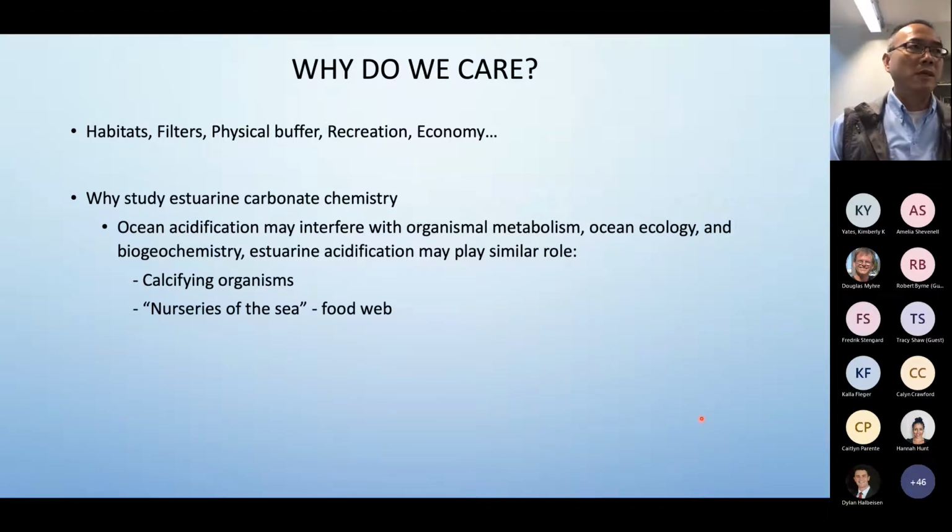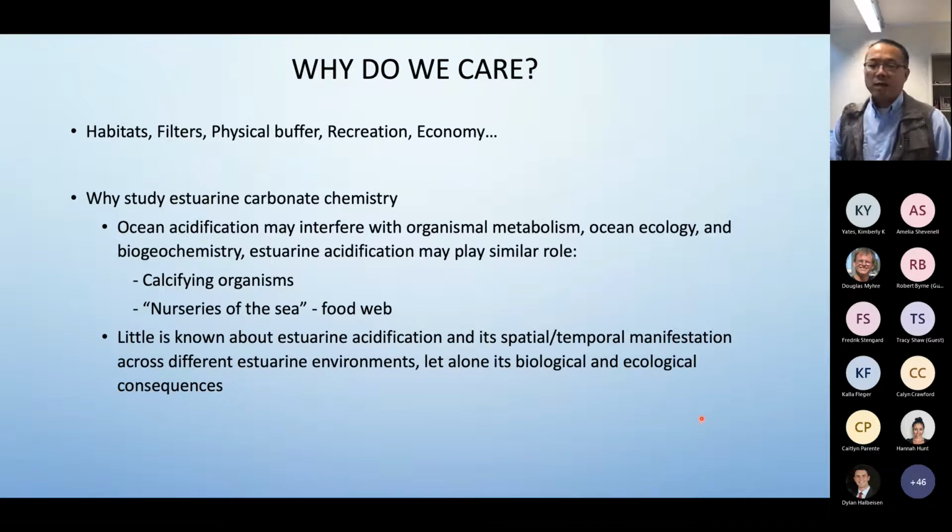So, by the same token, ocean acidification has a lot of ramifications. Estuarine acidification may play a similar role, and probably can affect the calcifying organisms. And these organisms may be part of the food chain or food web.